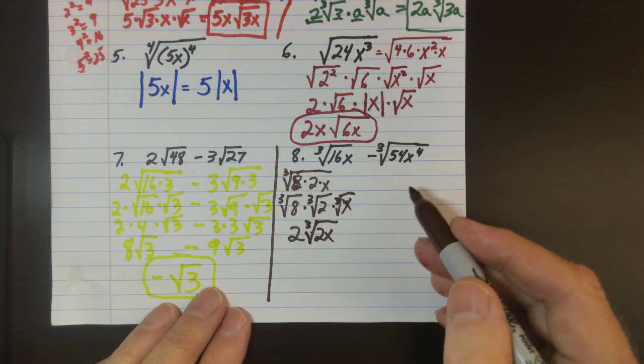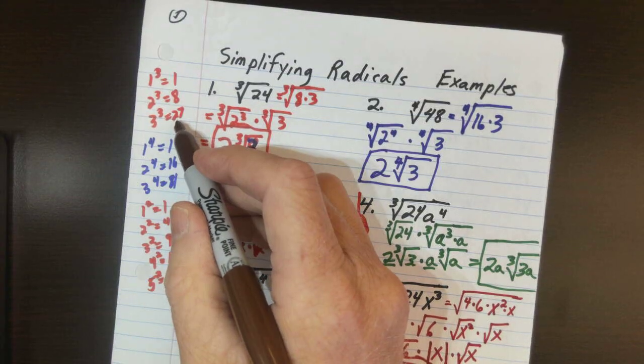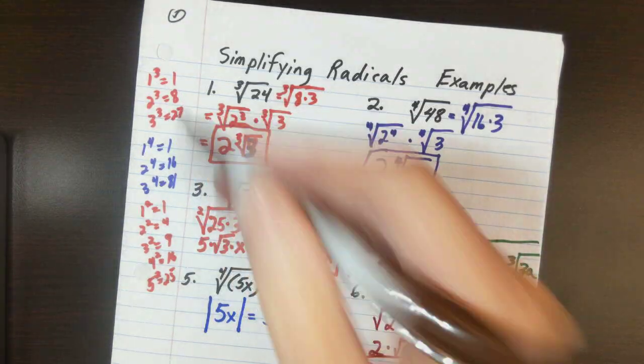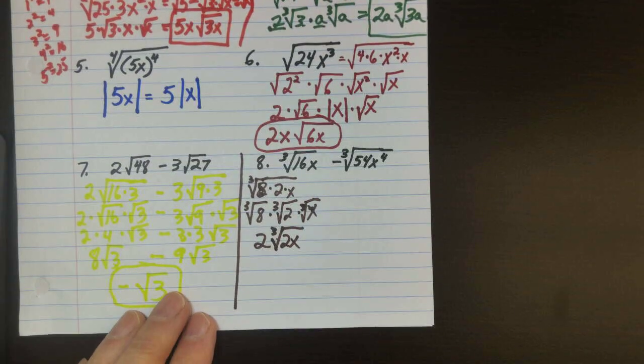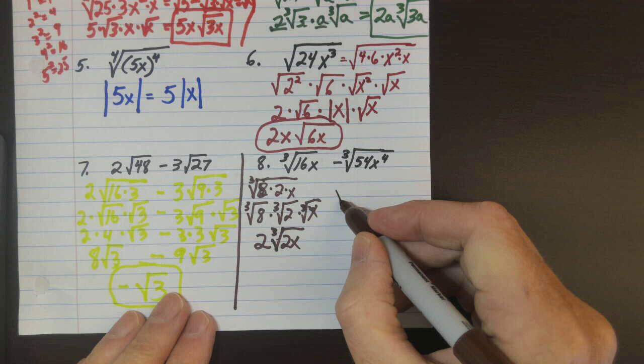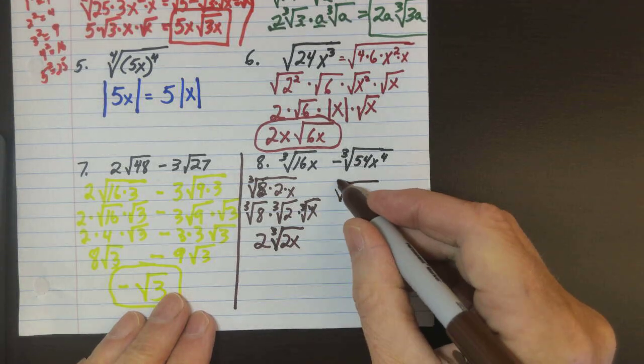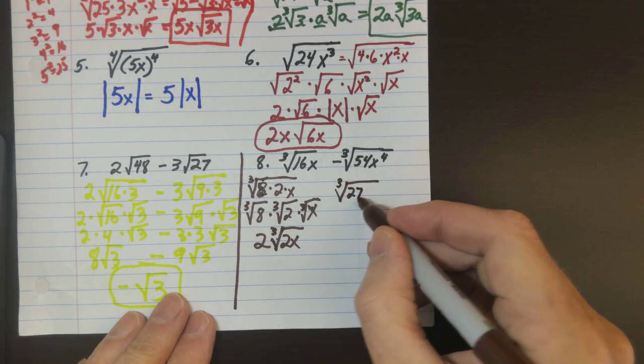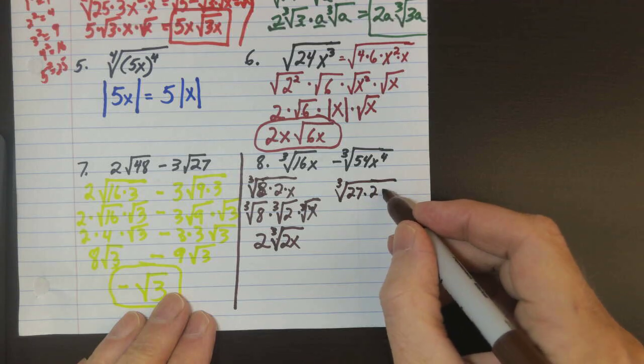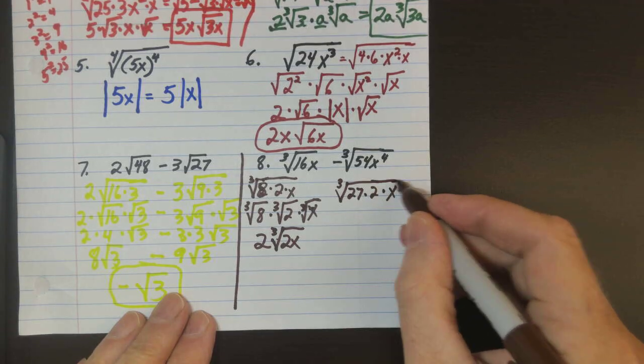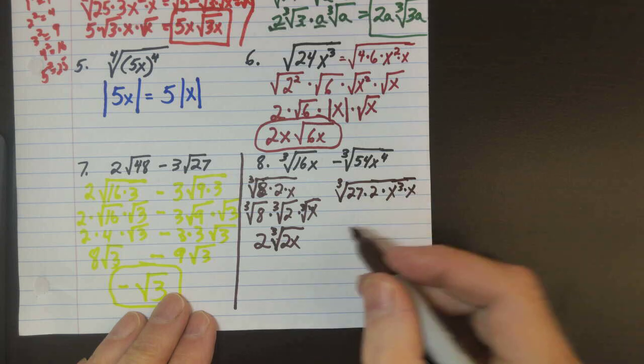Now 54 is actually a multiple of 27, so that's 27 times 2. And the cube root of 27 times 2, I'm going to make times x to the third and times x.